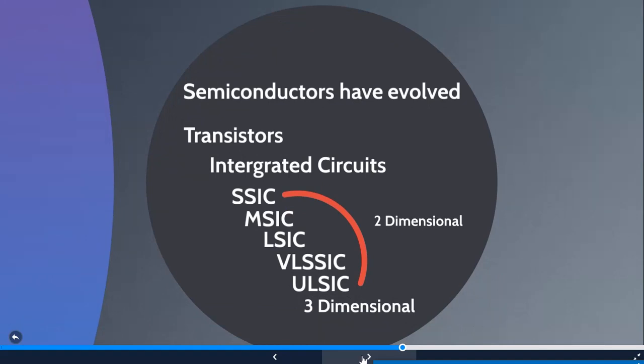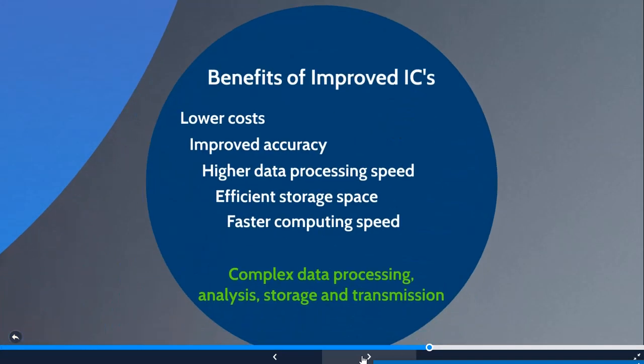And these semiconductors have evolved as transistors, then integrated circuits, followed by SSIC, MSIC, LSIC, VLSIC, ULSIC, three-dimensional. SSIC stands for small scale integrated circuits. MSIC stands for medium scale integrated circuits. LSIC stands for large scale integrated circuits. VLSIC stands for very large scale integrated circuits. ULSIC stands for ultra large scale integrated circuits. And this is two-dimensional. Now we are going for three-dimensional printing technology for designing these semiconductor transistors.